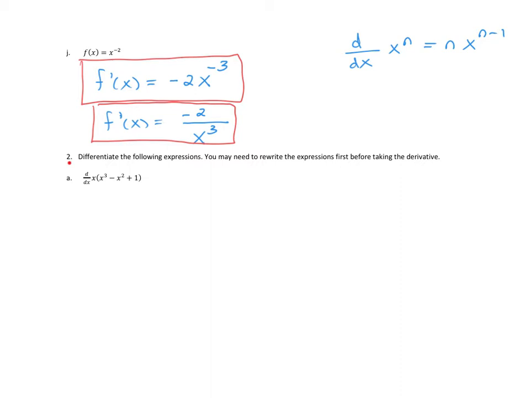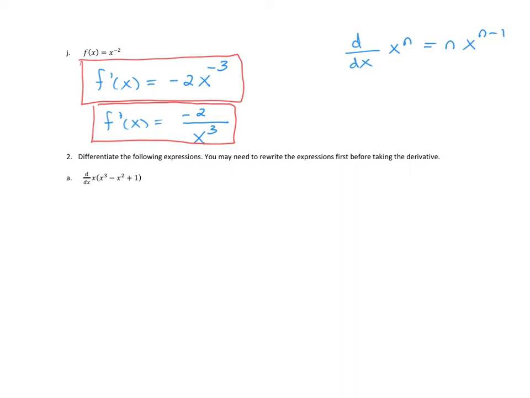For question 2, we want to differentiate the following expressions, and we want to do it without using the product rule. And the goal is to rewrite the expressions by either multiplying or dividing or doing some type of algebraic trick. So here, if you didn't want to use the product rule, what you could do is take this x and multiply it into the parentheses.